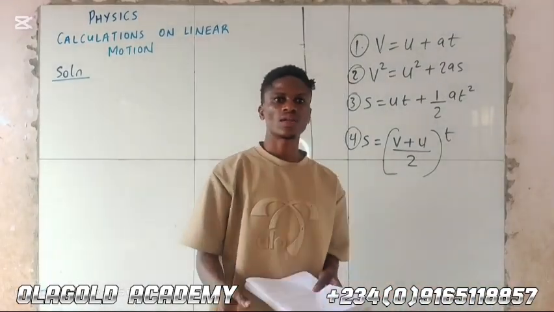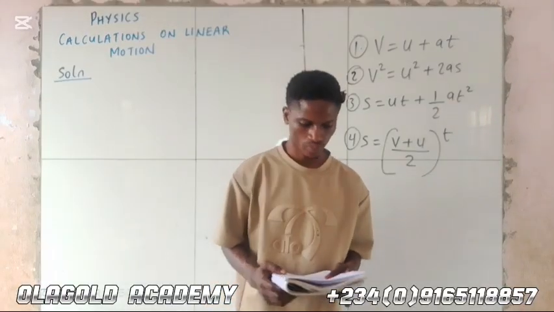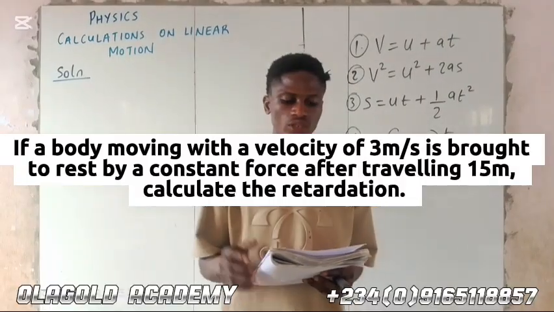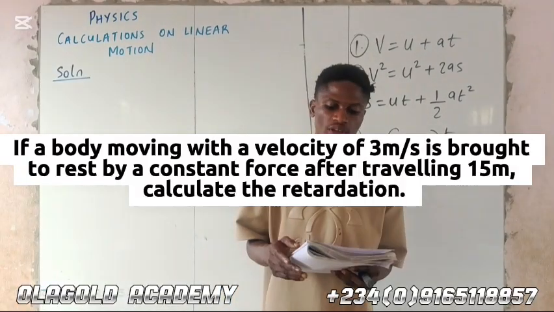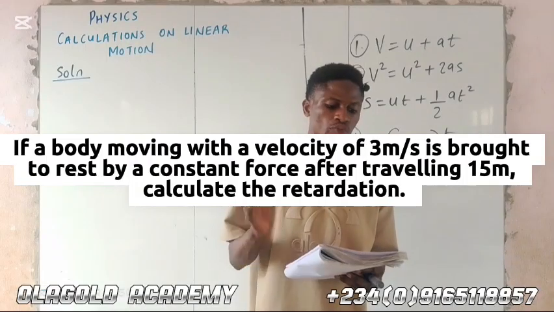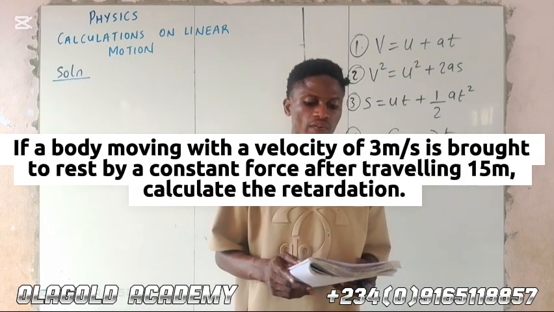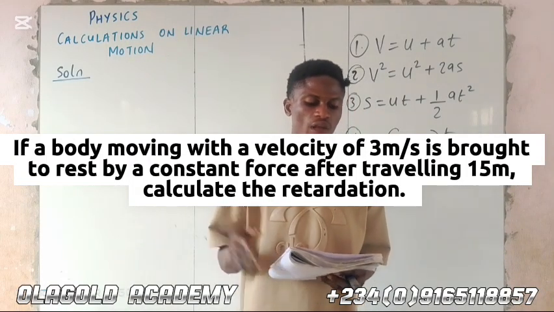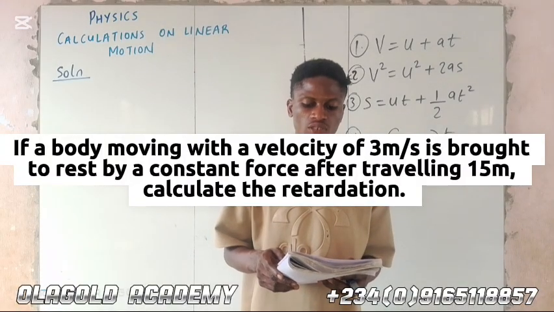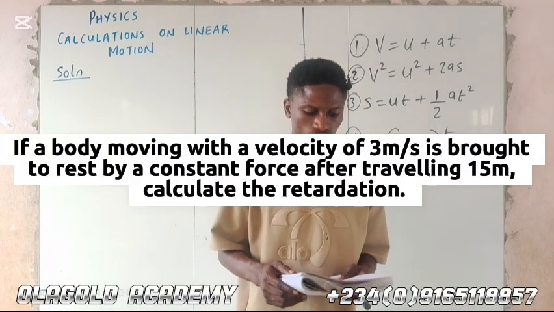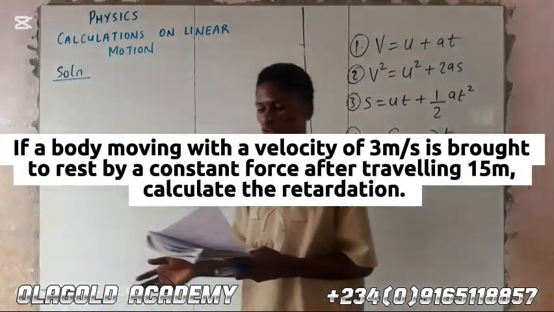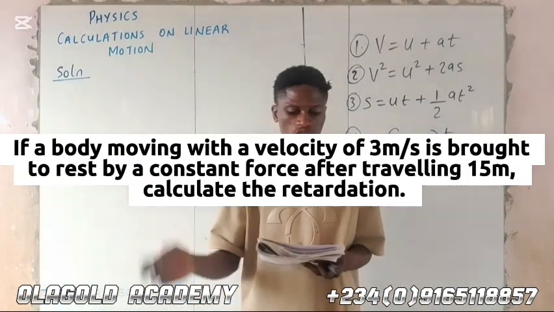Alright, let's look into question 2. Question 2 says that if a body moving with a velocity of 3 meters per second is brought to rest by a constant force after traveling 15 meters, calculate the retardation. Let's look into that question. From that question, what are we given?